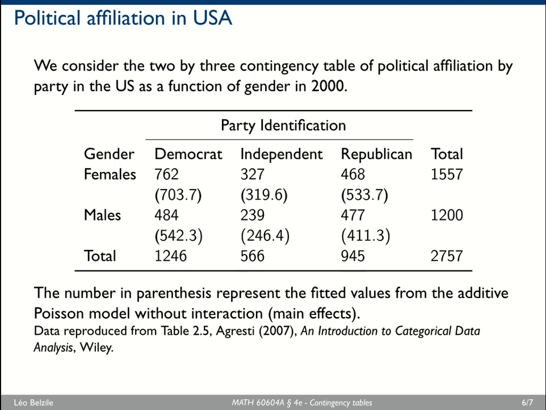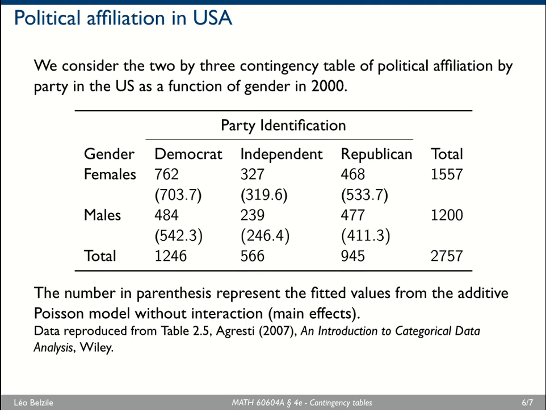So there's 2,757 people. But if you consider this as Poisson data, there's 6 observations, which are the entries: 762, 327, 468, 44, 239, and 477. The values in parentheses just below these counts are the average predicted from the main effect model only.